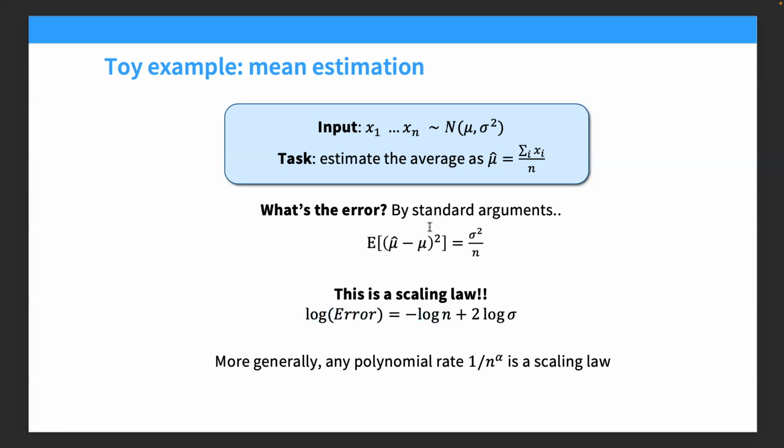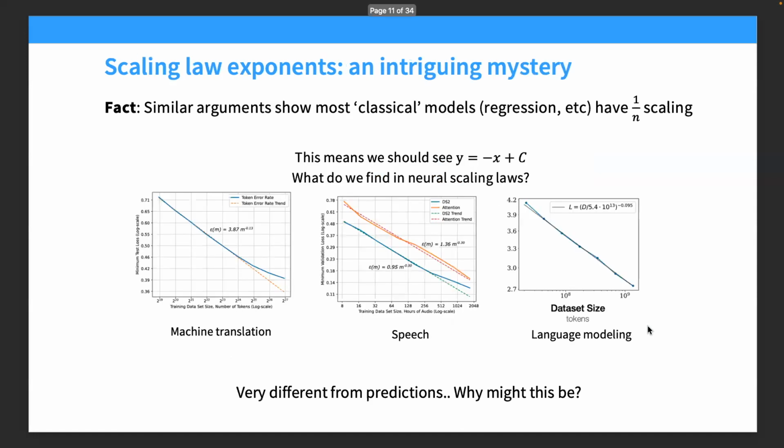So from this intuitive example, we can see that it follows a very straightforward linear relationship in the log. And people find that for classical models, such as regression, it does have the 1/n scaling.